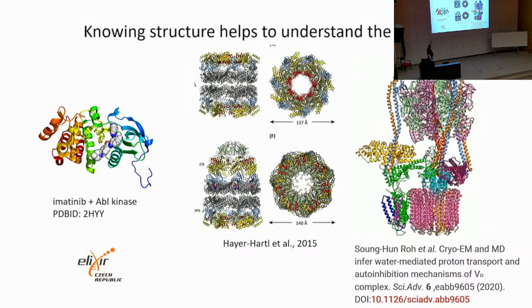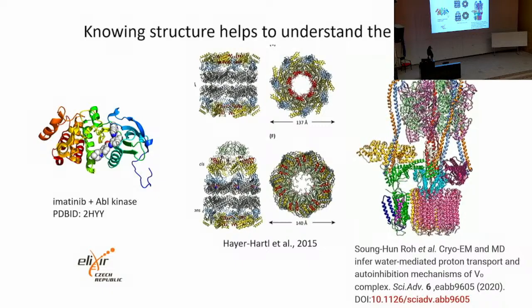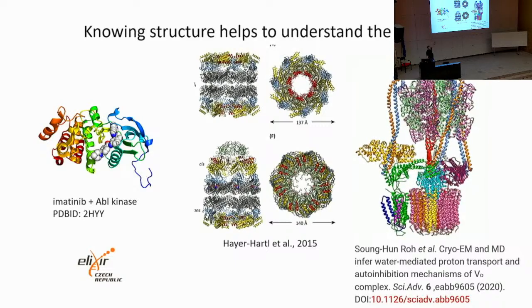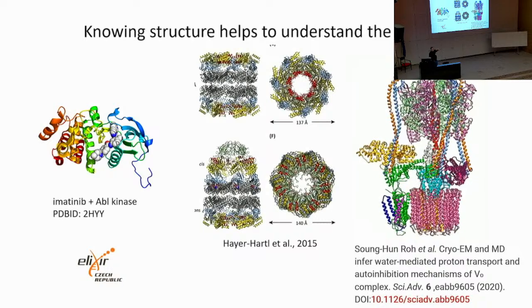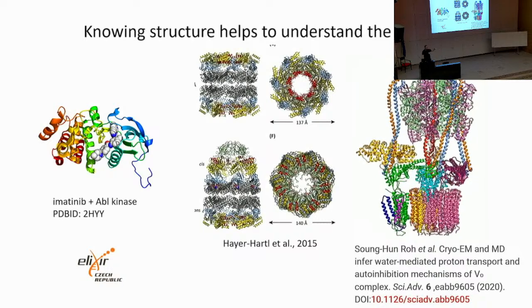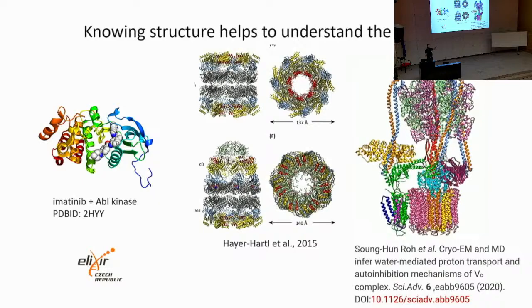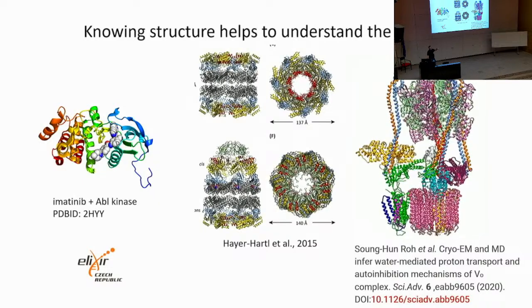From the left, the first part is imatinib, which is binding to the ABL kinase. And that's one of the first drugs which was developed with in silico drug design.